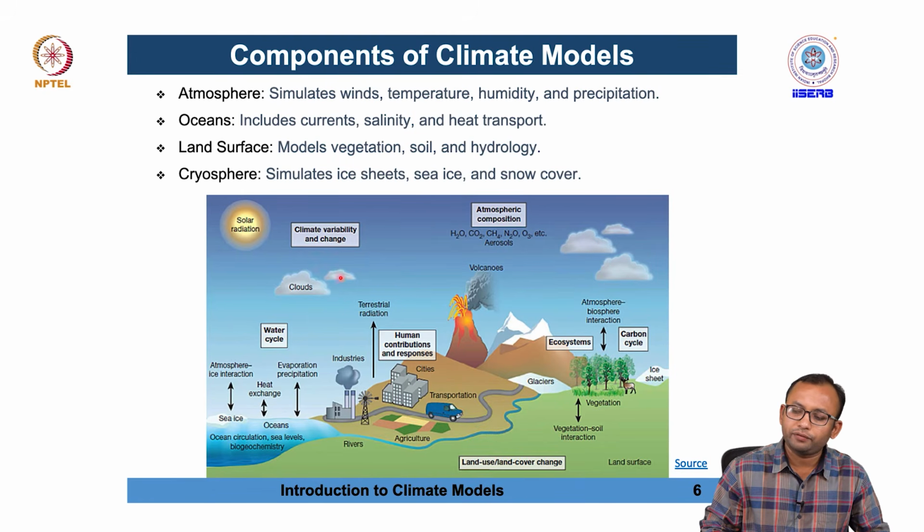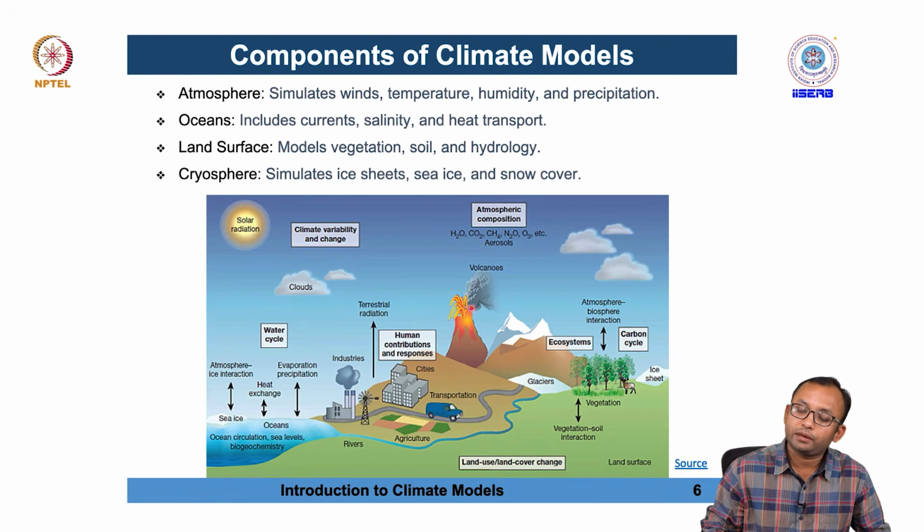This is one figure which shows multiple different processes across a certain region. Here you can see a sea and ocean body, which is continuously interacting with the atmosphere through heat exchange and matter exchange, for example evaporation and precipitation through the water cycle. Then we have the atmospheric component, where we have clouds, different types of gases and aerosols.